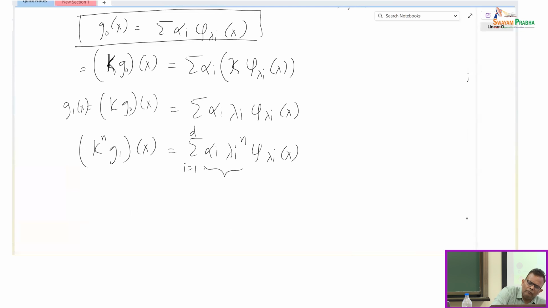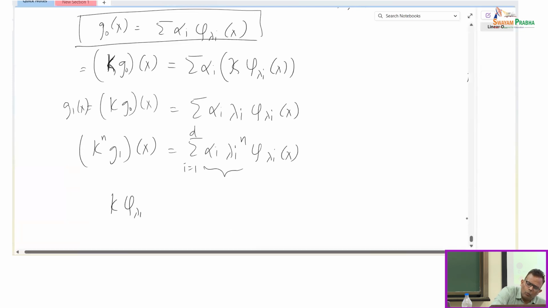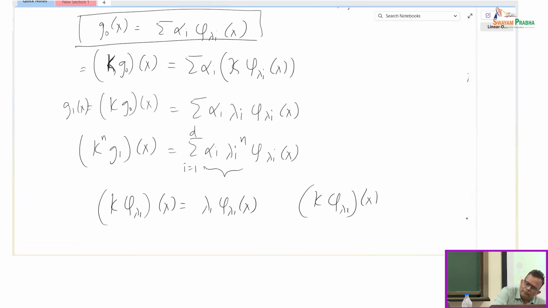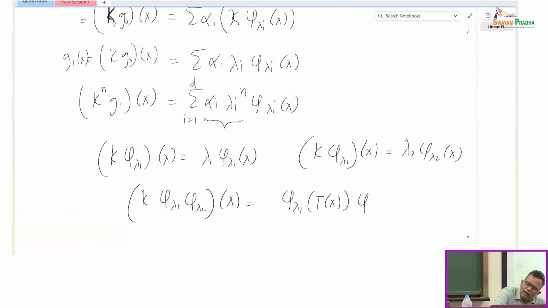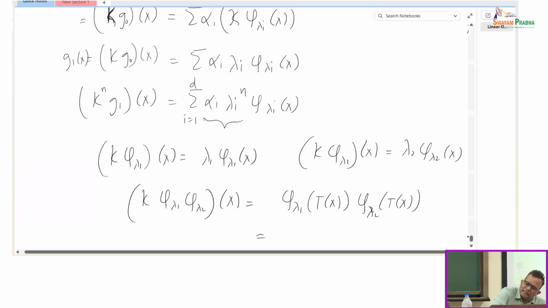So if you have K phi lambda 1 of x equals lambda 1 phi lambda 1 of x, and K phi lambda 2 of x equals lambda 2 phi lambda 2 of x, then K applied to phi lambda 1 times phi lambda 2 of x will be phi lambda 1 of t of x times phi lambda 2 of t of x, which is the same as lambda 1 phi lambda 1 of x times lambda 2 phi lambda 2 of x.